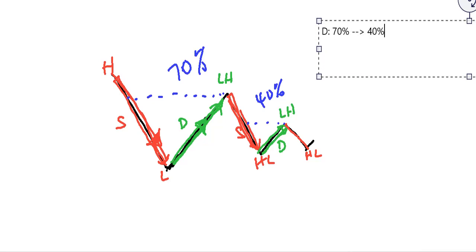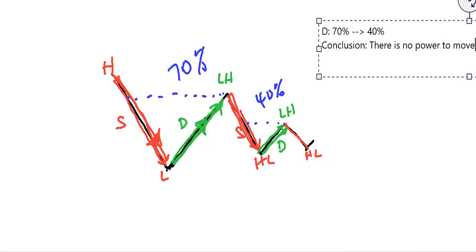And the conclusion we can make is that the demand is decreasing, right? So when the demand is decreasing, there is no power to move up. Can we say like that?